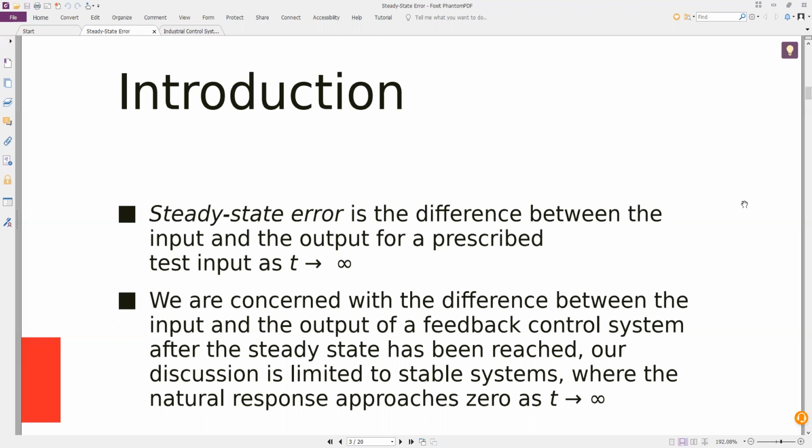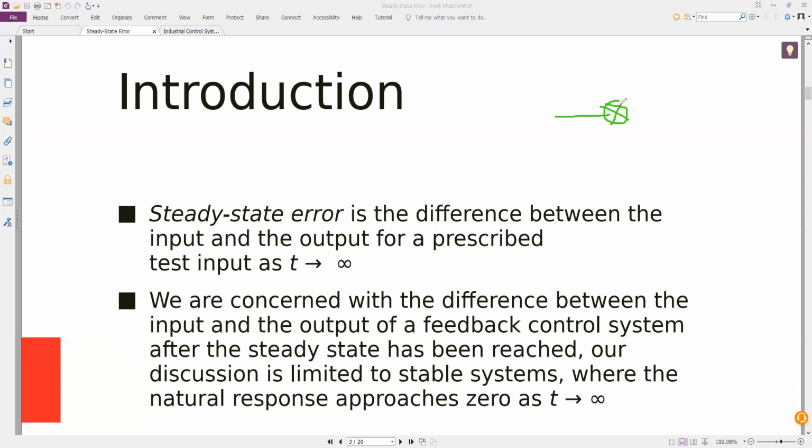That is the steady state error. So if you give an input and you get an output for it, then the difference between the input and output is called the steady state error.